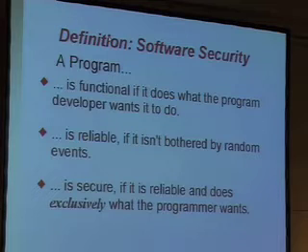But it is secure if it is reliable and does exclusively what the programmer wants. So even if some specially crafted packet, which by random corruption would never come to be, arrives, it still does only what it should do and doesn't install a rootkit or something like that. I think that's a pretty thorough and wide definition of security.